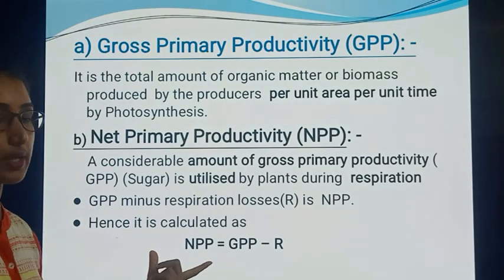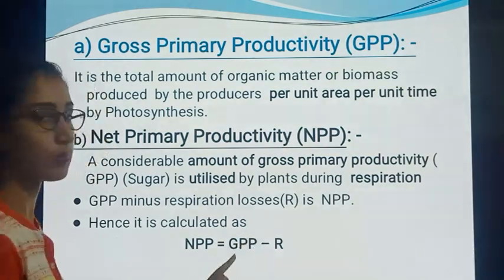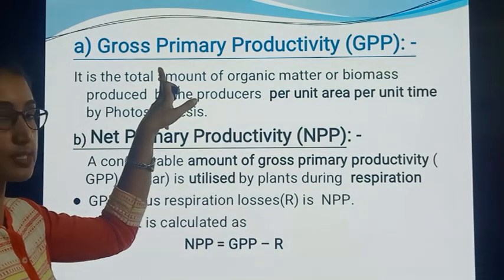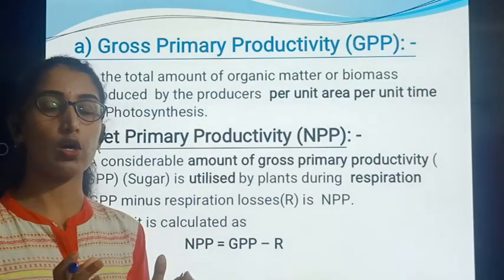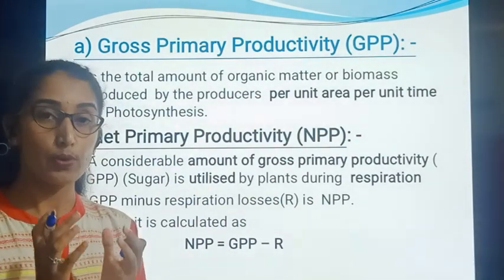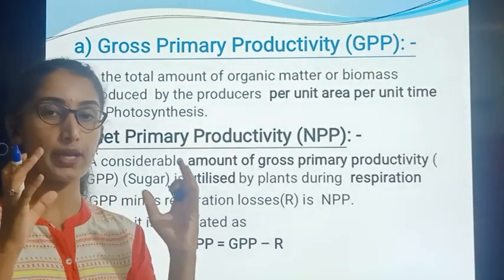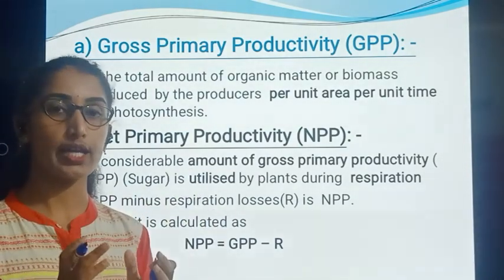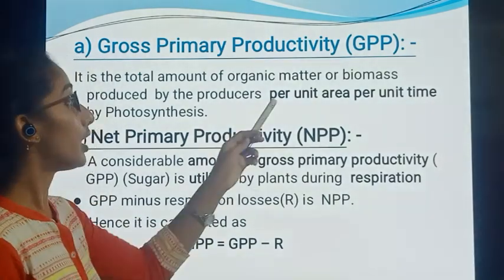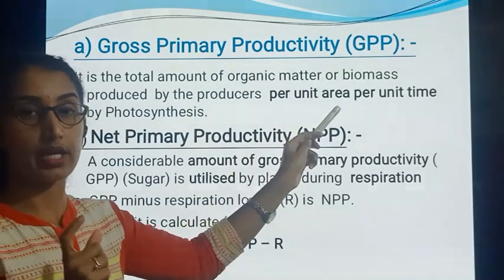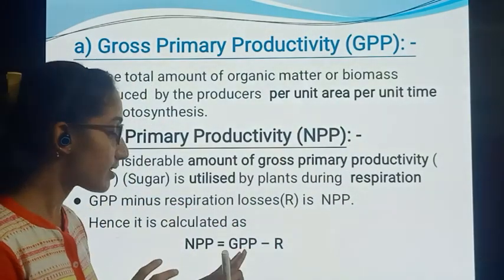How can NPP be calculated? It is gross primary productivity, gross means total, the complete total organic matter produced by the producer per unit area, per unit time, that is GPP.